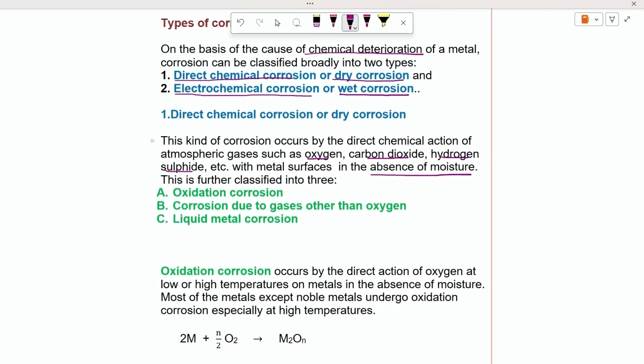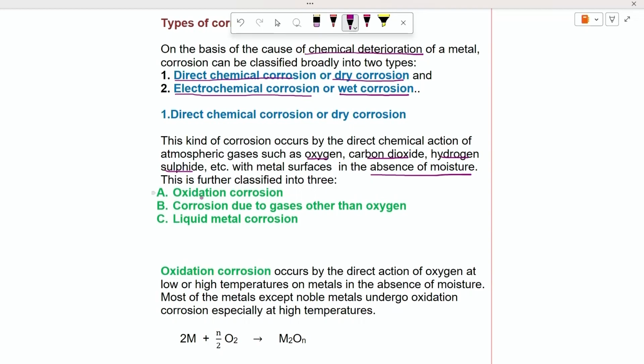There, the gases present in the atmosphere interact with the metal and form certain compounds, which leads to the corrosion of the metal. Again, they are classified as oxidation corrosion, which, as the name specifies, is corrosion with oxygen gas. The second one is corrosion due to gases other than oxygen, and the third one is liquid metal corrosion.